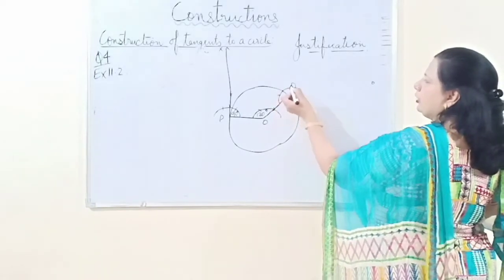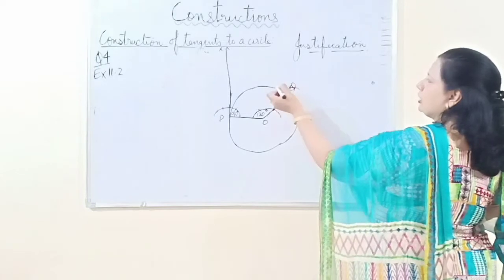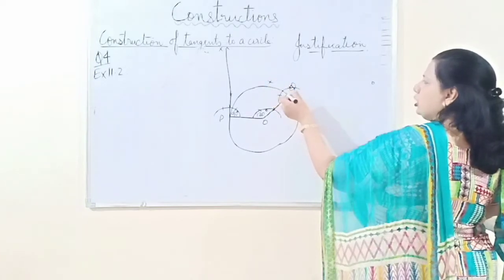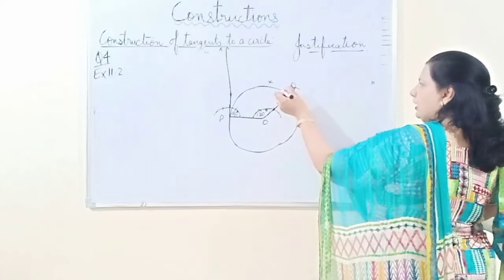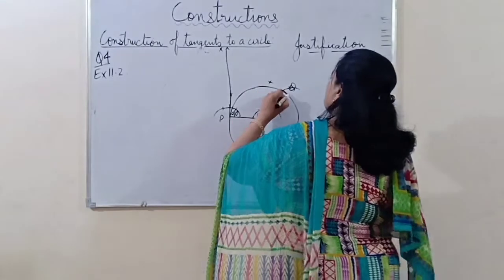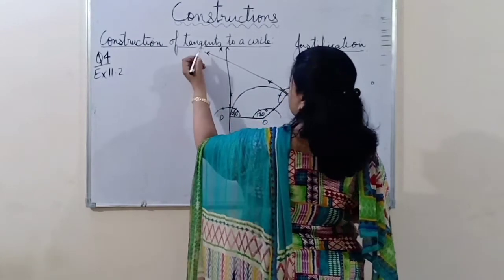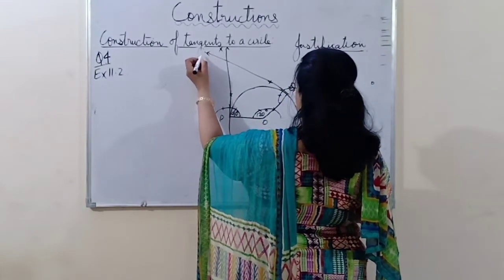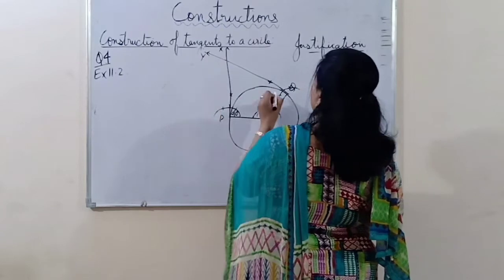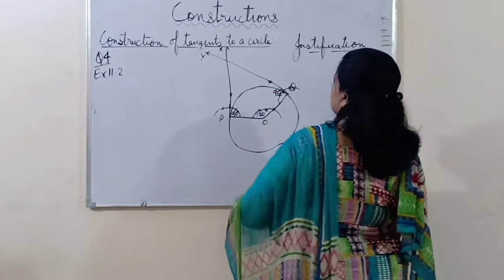Now here draw an arc. From these two arcs, draw arcs to intersect. Join Q to this point and extend it. So we have constructed the angle OQY equal to 90 degree.